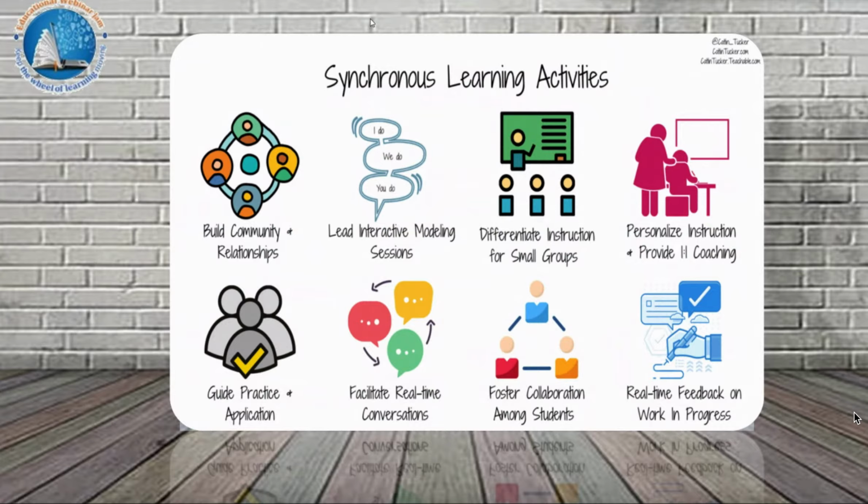So lead interactive modeling sessions, and I will show you what I mean by that. Personalize instructions and provide one-to-one coaching. While doing a synchronous activity, teachers can, despite being on distance learning, do this one-to-one coaching with their feedback with students. Guide practice application. Facilitate real-time conversation.